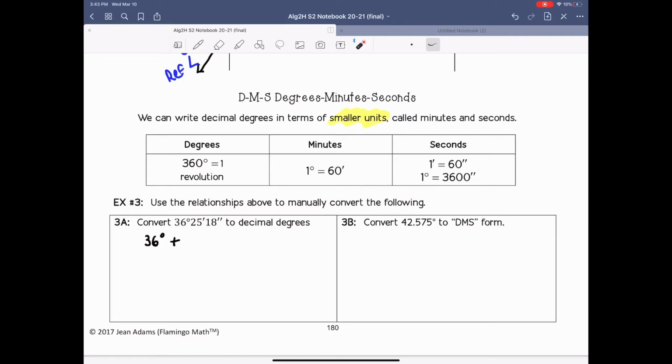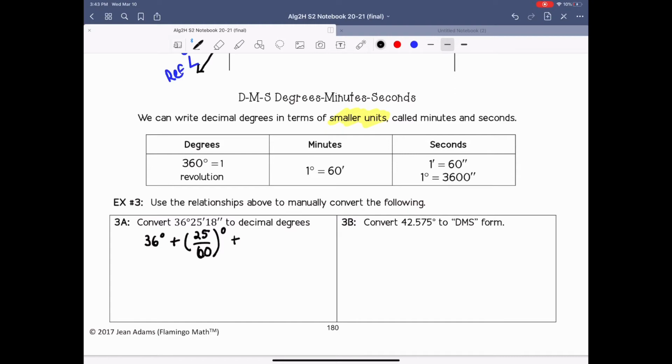Well, if I know that 1 degree is 60 minutes, 25 minutes can be represented as 25 over 60. And that's going to convert my minutes into decimal degrees because, again, there is 60 minutes for 1 degree, so 25 minutes is represented as 25 over 60. Now I need to convert 18 seconds.